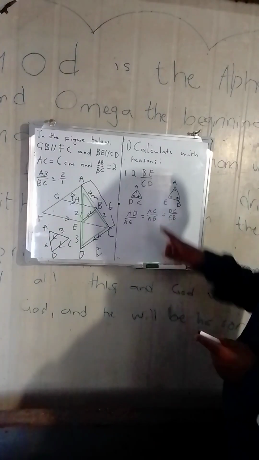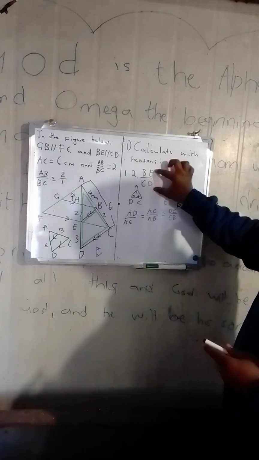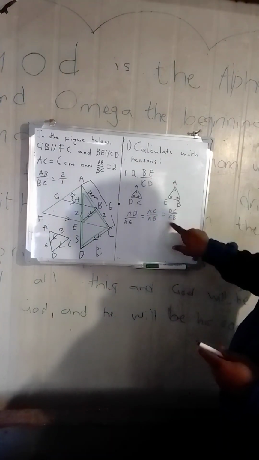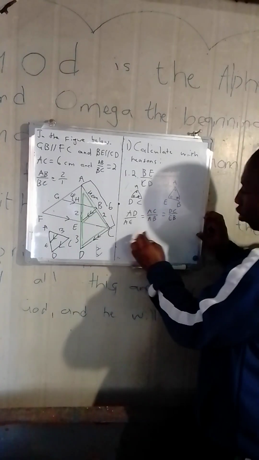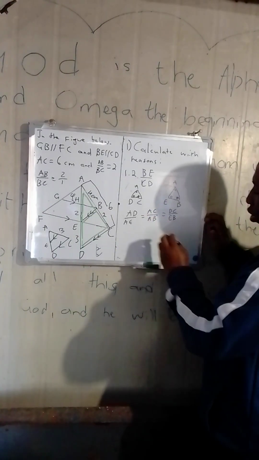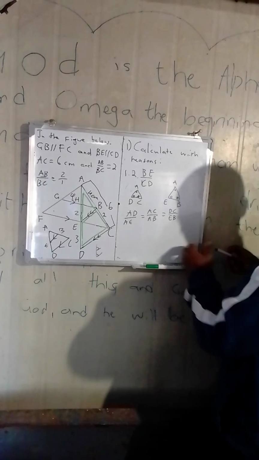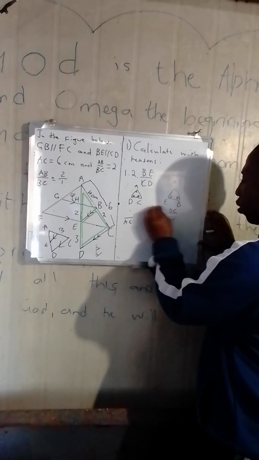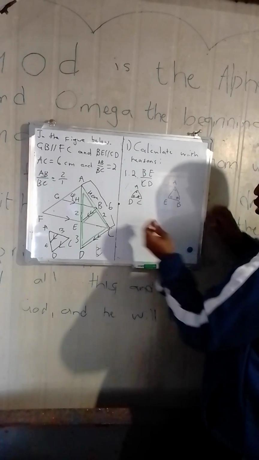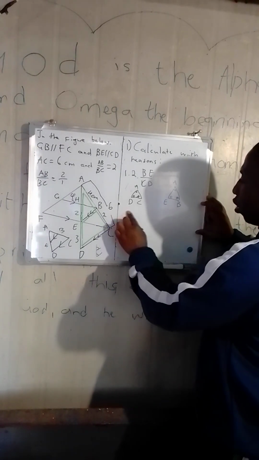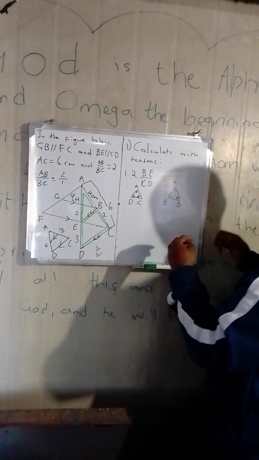Since you are looking for BE over CD, here it is. So you can swap. Let me just remove this. We can swap these things.